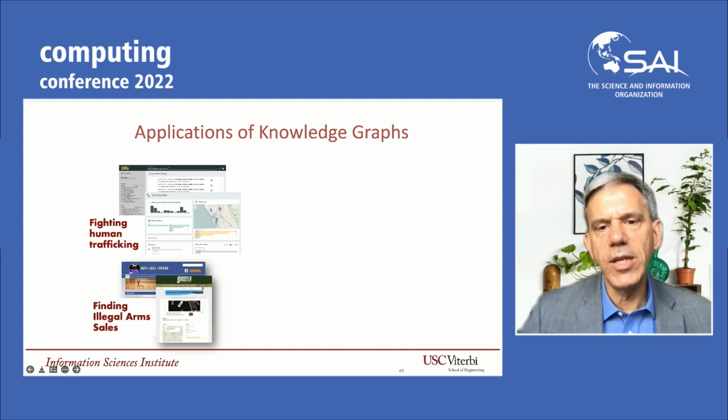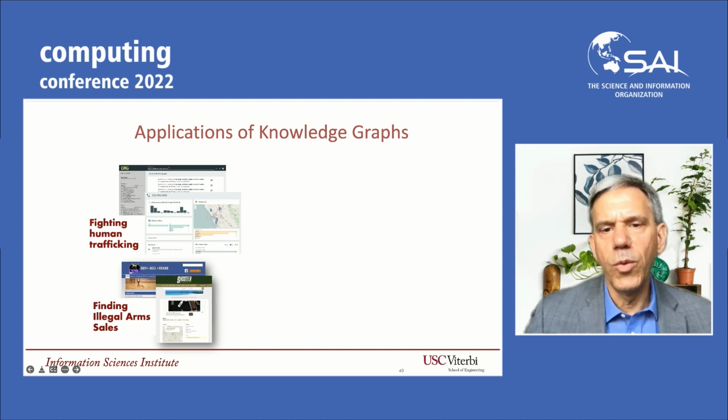A second example of this is finding illegal arms sales. This is work we did with ATF, Alcohol, Tobacco and Firearms in the United States, where they were interested in finding people that were illegally selling arms across state lines. And one of the ways people would do this is they would buy guns on one website, and they would sell them on a different website, so that no one would notice that you're buying and selling across state lines.